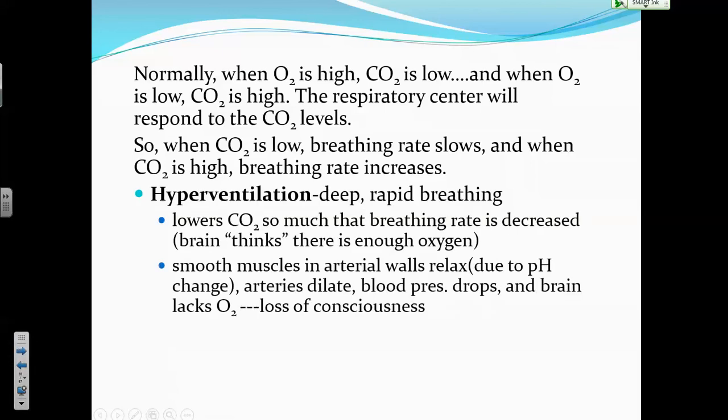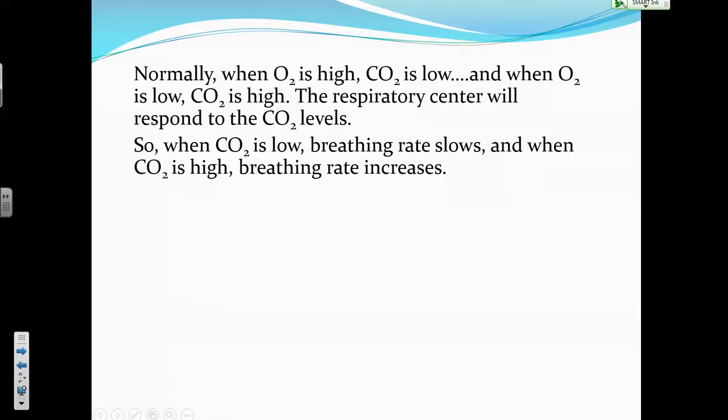All right, so let's think about some conditions or situations in you that can change your CO2 levels. Let's say when you exercise. How does exercise affect your CO2 levels?